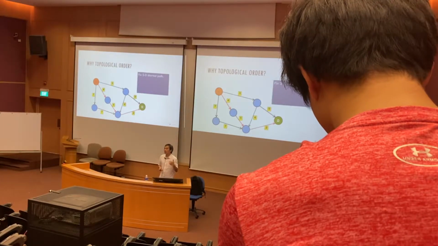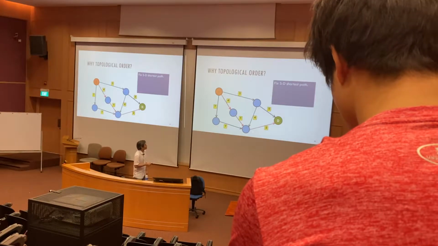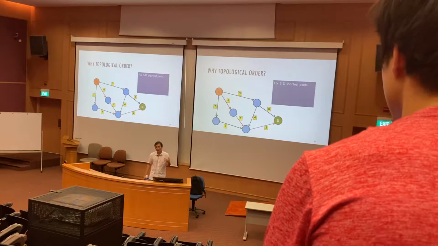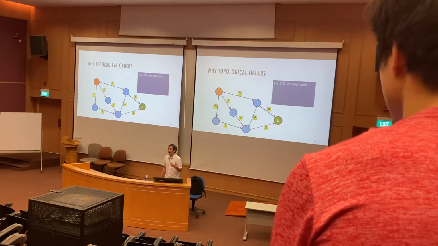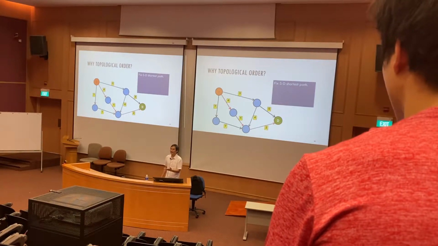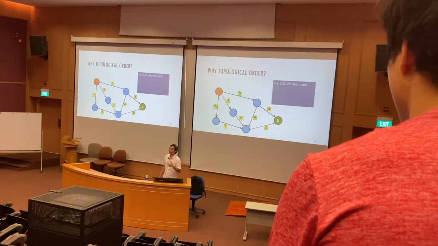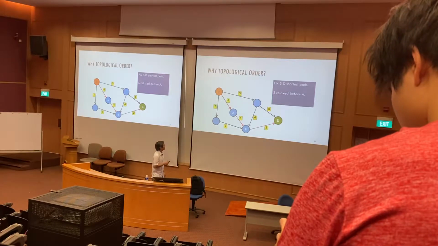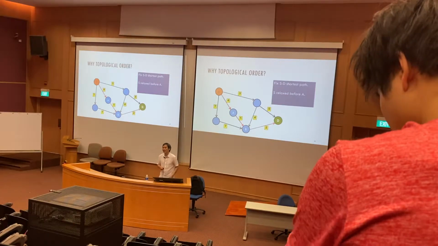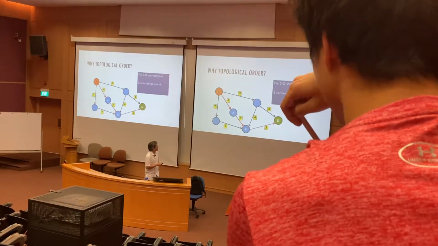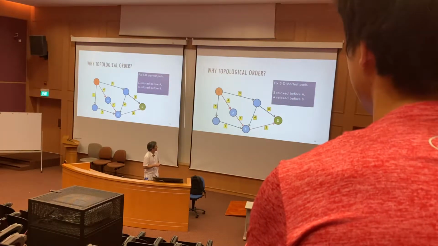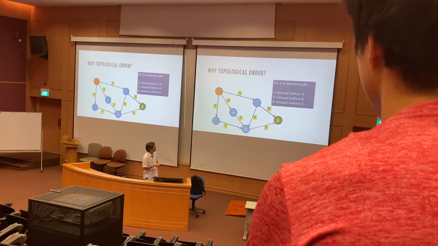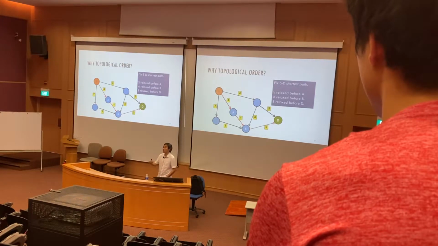Now look at this. Imagine this is your shortest path. When I do things in topological order, what am I guaranteeing? I must relax S before A. The source is always relaxed first, but that's fine. I will always relax A before B, and I will always relax B before D, because it's in topological order.